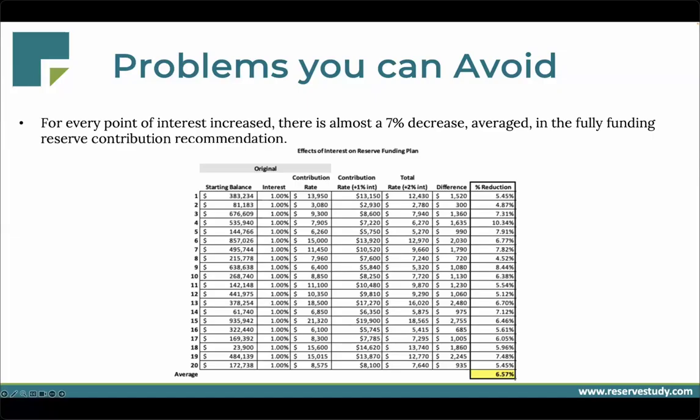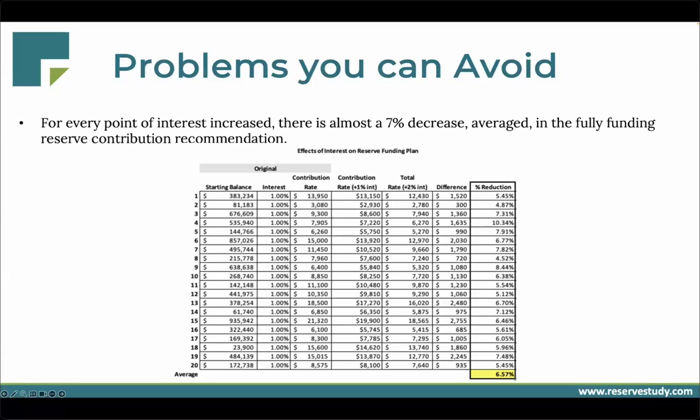Again, talk to a reserve investment specialist and utilize the returns that you can potentially get if you're currently sitting in a low yielding account. Now, please don't take what I'm saying as trying to out earn or out contribute by utilizing higher yields or putting your money in some sort of potentially dangerous investment vehicle.